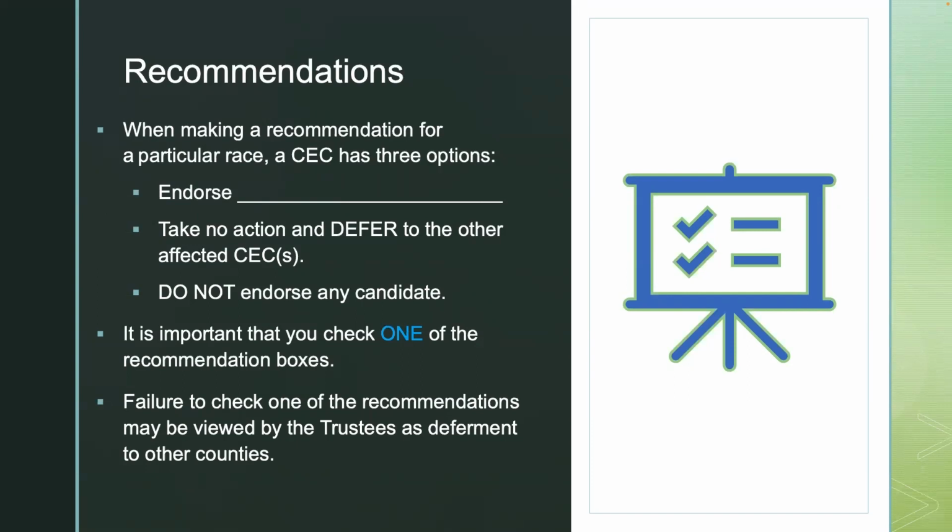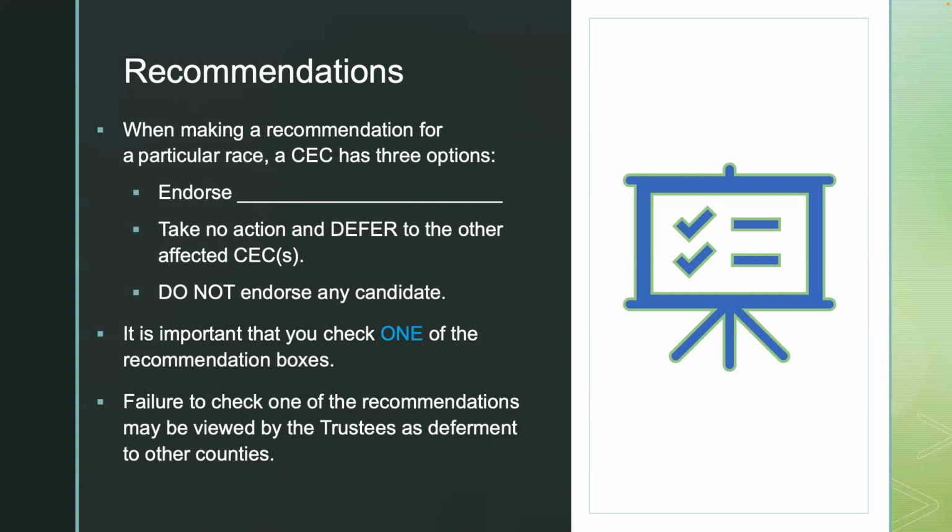So when making a recommendation for a particular race, a CEC has three options. One, you can choose to endorse candidate X. You can choose to recommend, again, you're making the recommendation here to the PAC that they endorse a particular candidate.